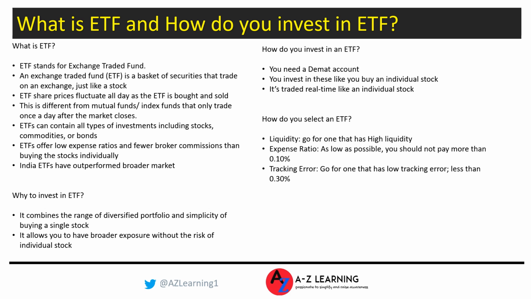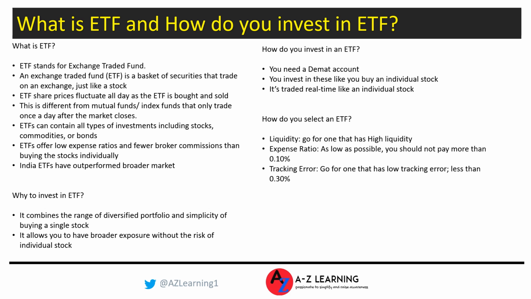So usually there is a difference between the actual index return and what the ETF fund is offering you, and that is called tracking error. That tracking error is basically nothing but the difference between the actual index's return versus the return of the ETF that you have bought.